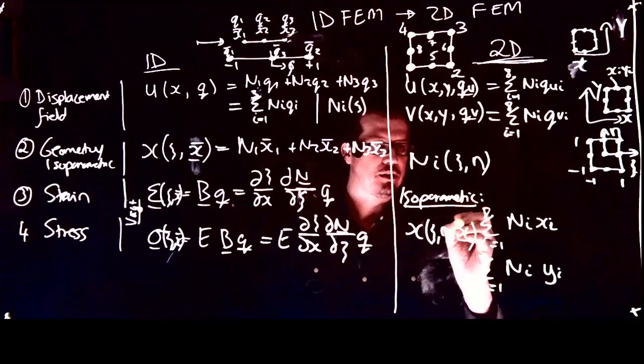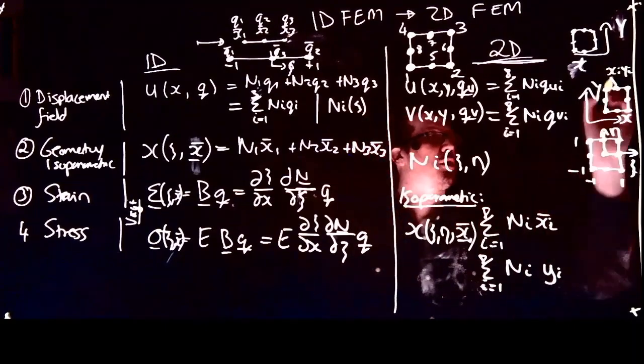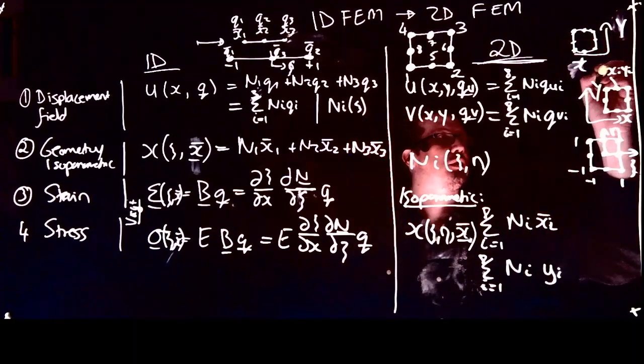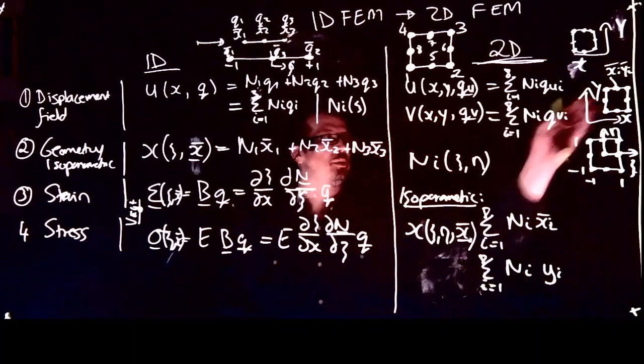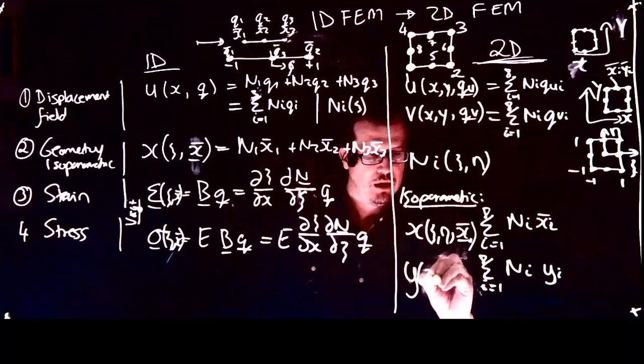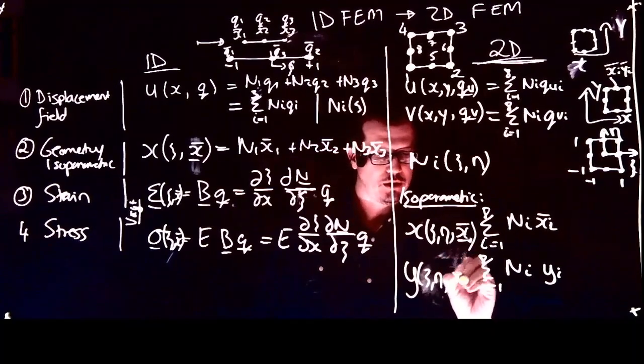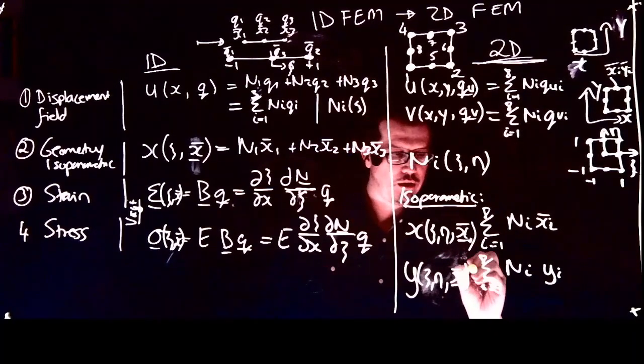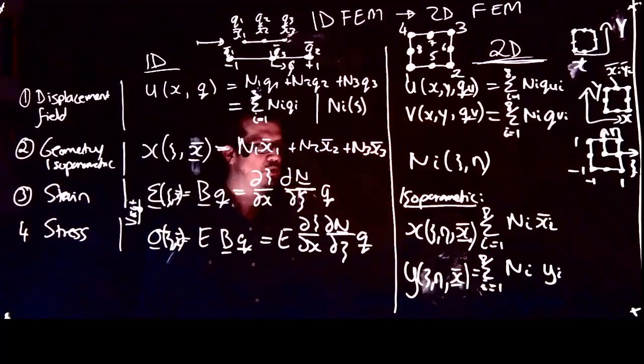I can maybe write it with this bar. Maybe I'll just put that bar back on there like I've done previously. So let's call it a bar, so that we distinguish that from the nodes. And the y would also be a function of psi and eta. And so there's essentially a relationship here. You see that? Beautiful. So this would be my expectation.